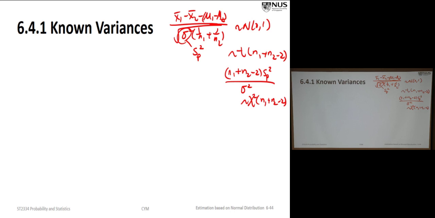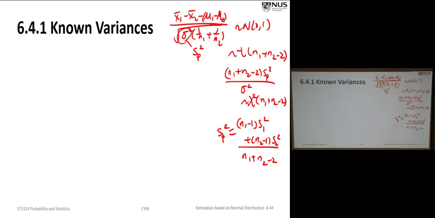So this SP square is (n1 minus 1) S1 square plus (n2 minus 1) S2 square, over n1 plus n2 minus 2. If n1 is big, my S1 square contributes more to this SP square. If n2 is bigger than n1, then of course n2 minus 1 will contribute more.